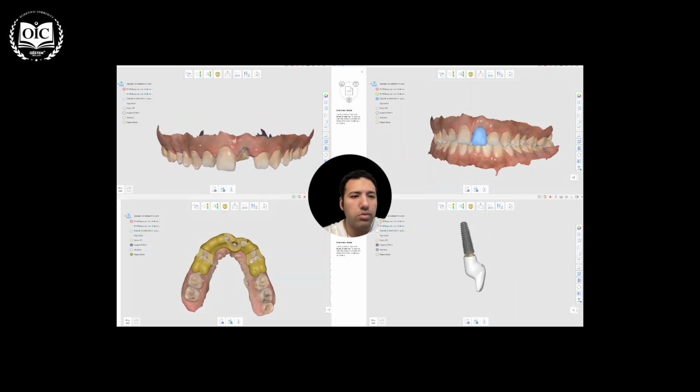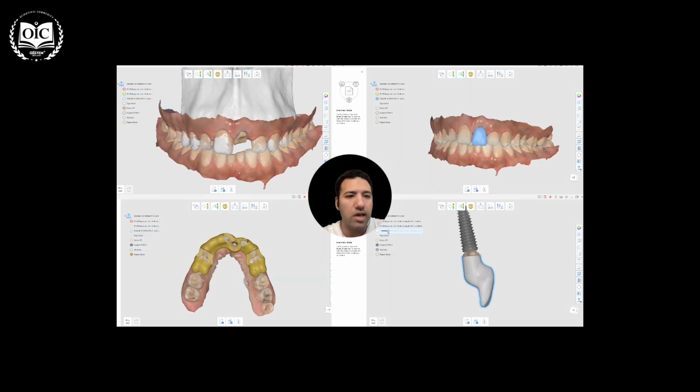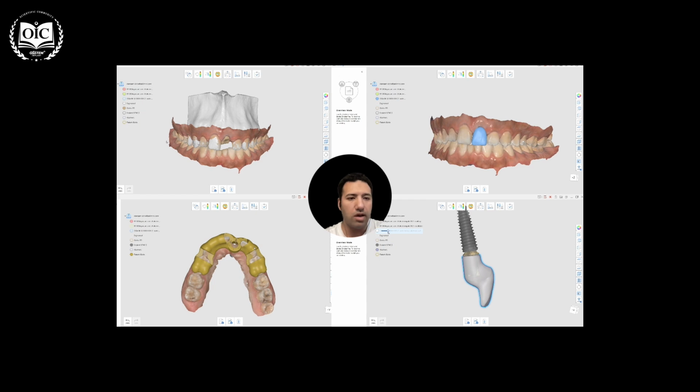This is the protocol that we always use in the aesthetic zone. Take a scan, CBCT, superimpose both data over each other, and do the wax up. After doing the wax up, start placing the implant position in the cingulum of the tooth, of course, with the consideration of not getting a very palatal position, and not to overdo the buccal emergence angle more than 40 degrees.